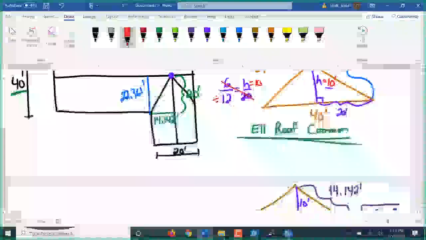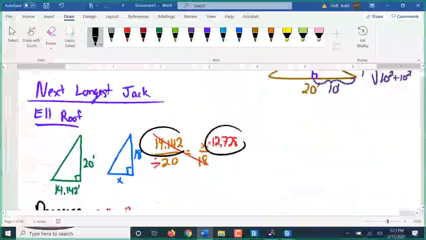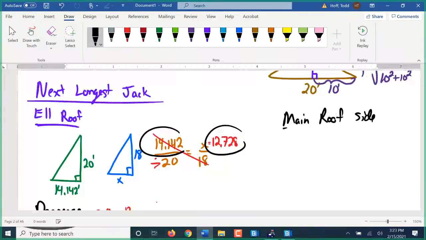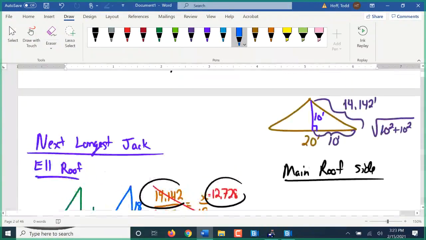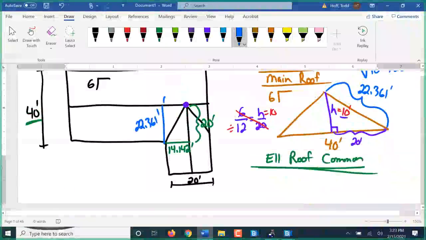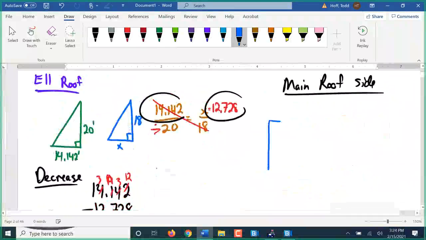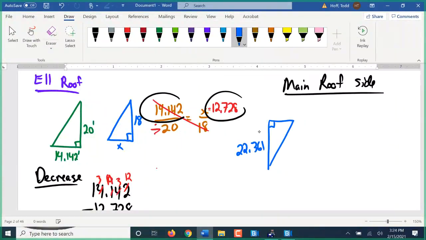Next, we're going to do the main roof side. On the main roof side, we're going to use the 22.361. What's this distance up here? 10 feet, half of the 20-foot span. So when I do the next one here, 8, call that y so I don't reuse my variable.